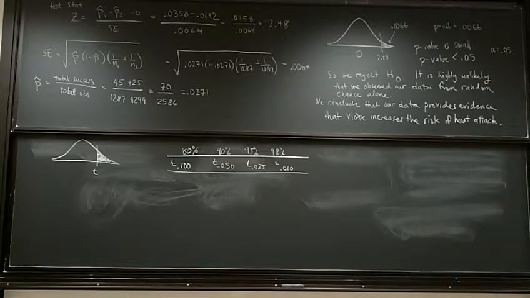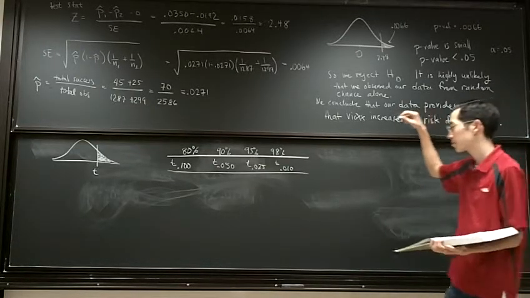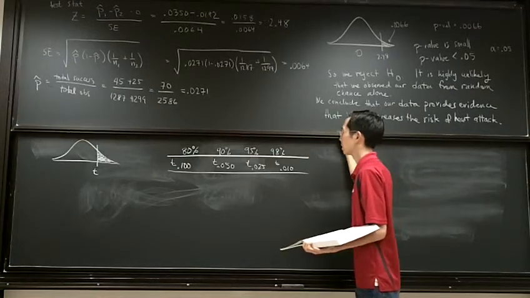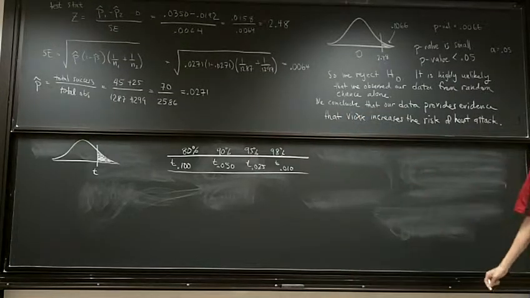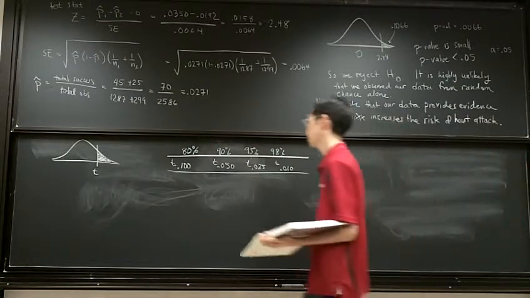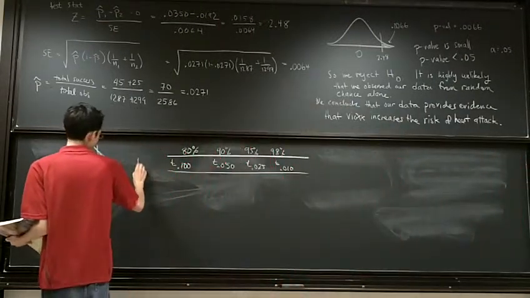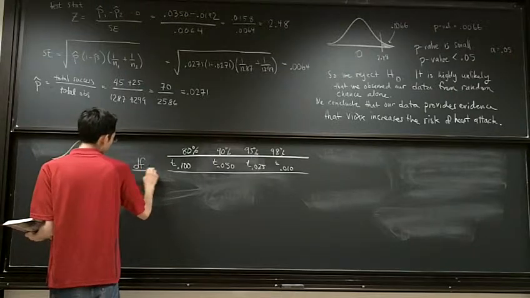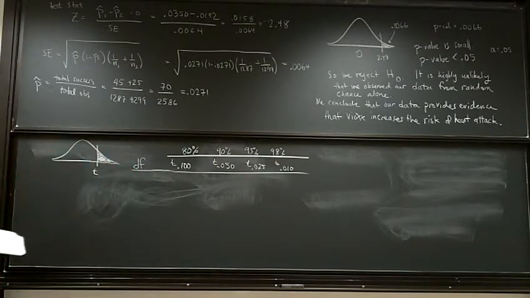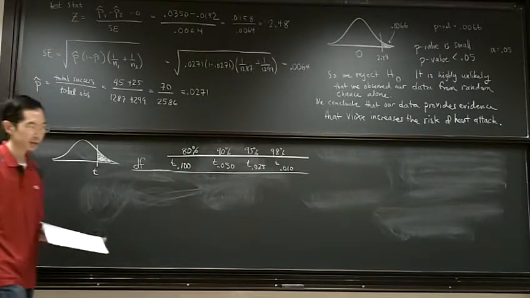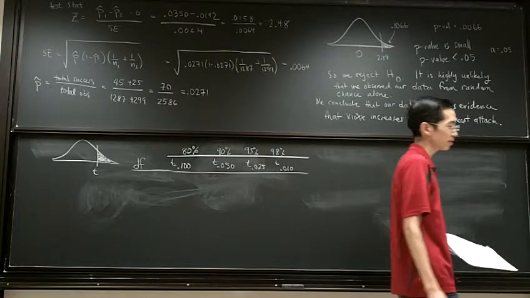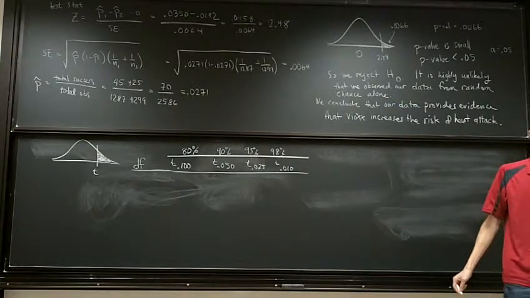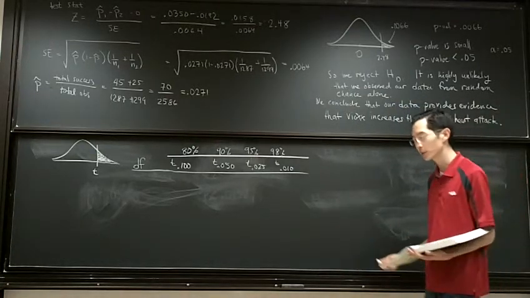The T distribution has something called degrees of freedom, and we'll get to this in a little bit. Degrees of freedom is related to your sample size. A bigger sample gives more degrees of freedom, a smaller sample gives fewer. For now, we won't worry about it, but it comes into play.